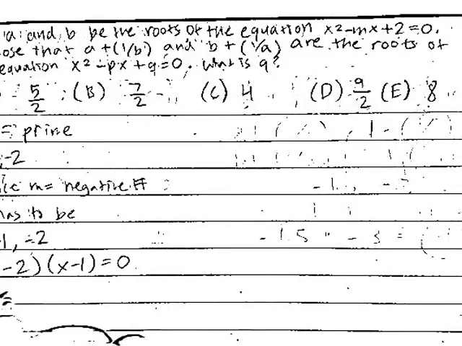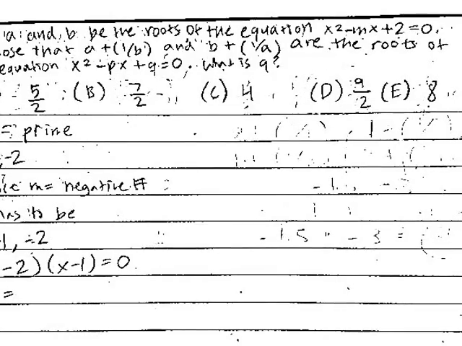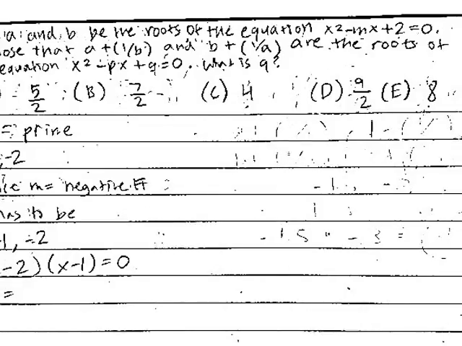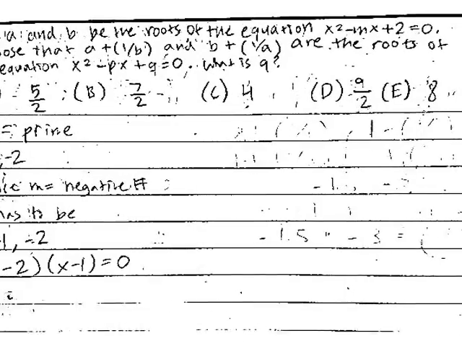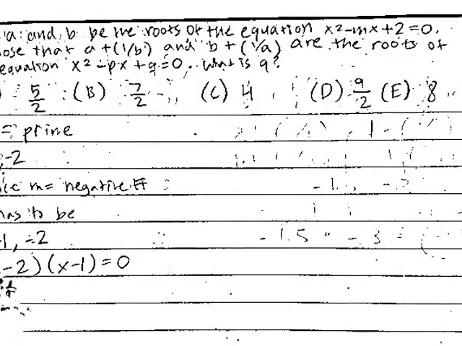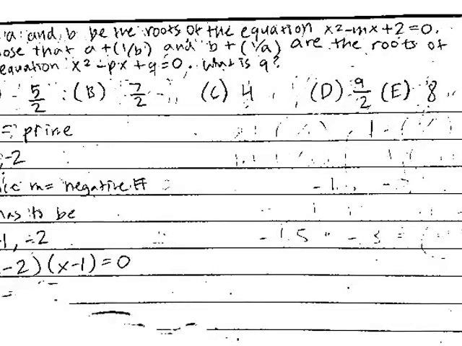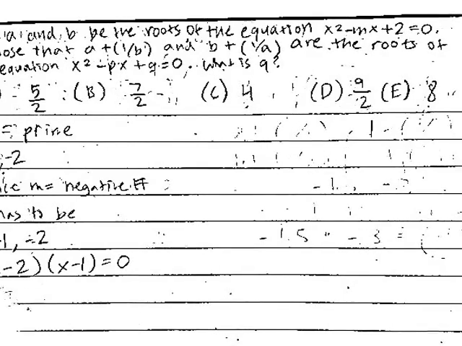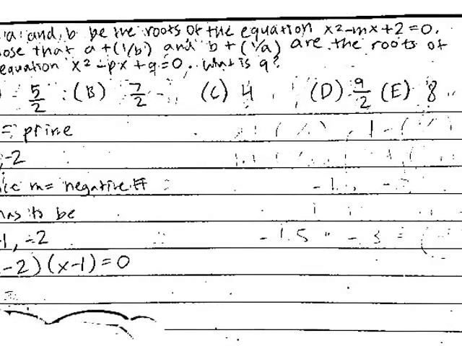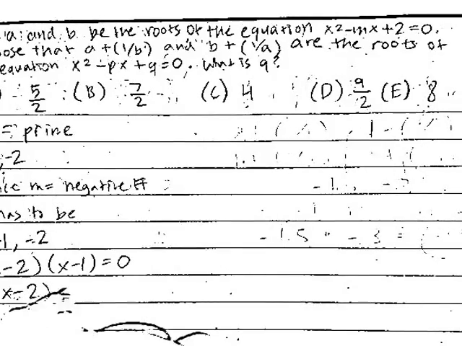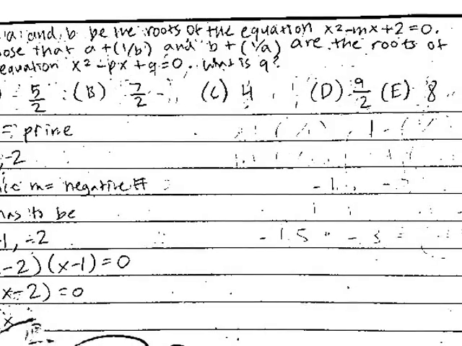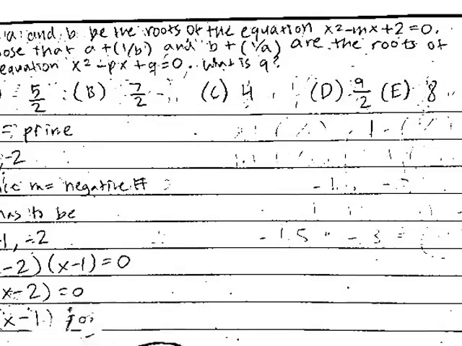Let me erase this for a second. To solve for x, you know that these two numbers multiplied together equals 0, so one of them has to be 0. So I'm just going to do this: x minus 2 equals 0, and x minus 1 equals 0.